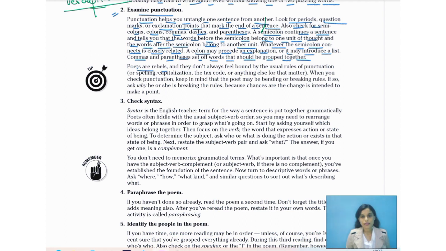Poets are rebels and they don't always feel bound by the usual rules of punctuation. When you check punctuation, keep in mind that the poet may be bending or breaking the rules. Another point that you should keep in mind is that poets do not go with the rules. In simple words, poets violate the grammar rules, the punctuation rules.